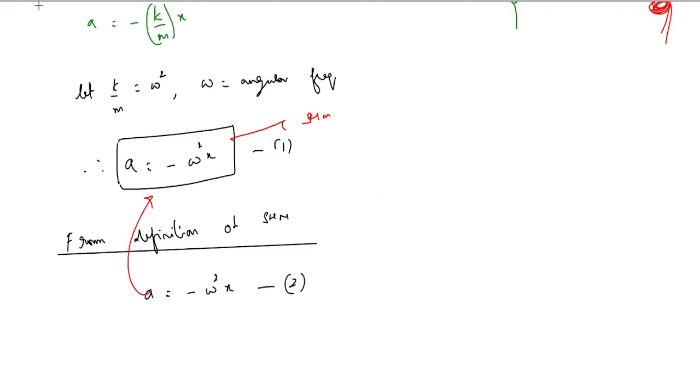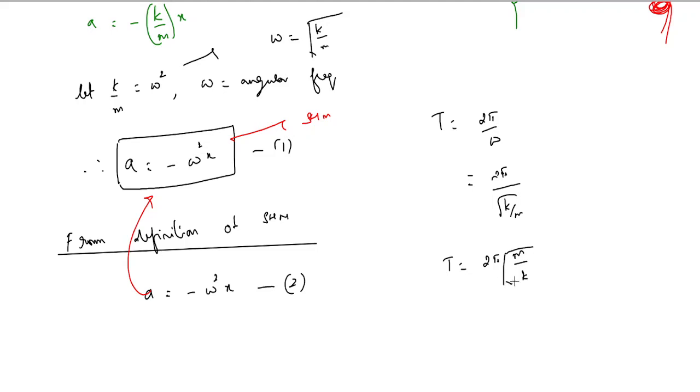Therefore, its time period is equal to 2 pi by omega, but omega square is k by m, so omega is equal to root of k by m. Therefore, T is equal to 2 pi under root of m by k.